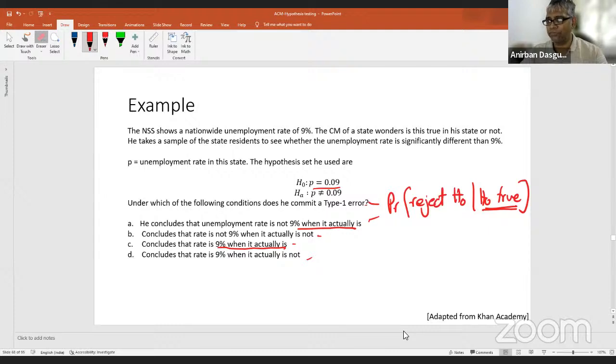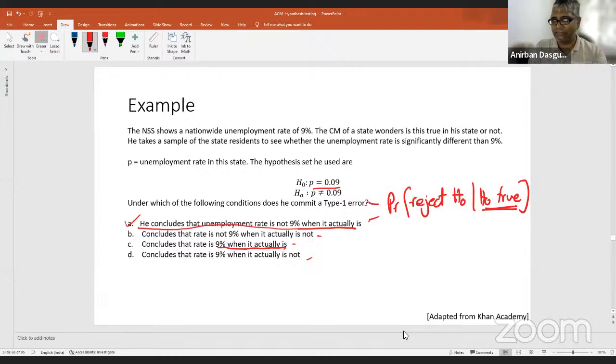H0 is true only in A or C. Now I'm rejecting H0, which means that I'm saying that it is not 9%, and it actually is. This is the type 1 error.